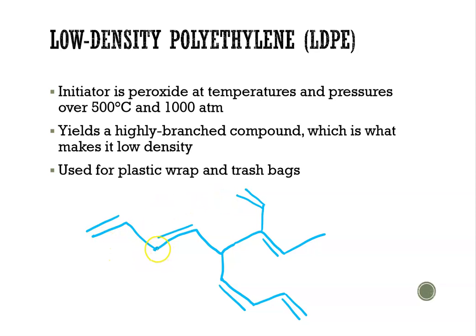Because it's creating such a branched chain, it's low density: the chain takes up so much space that the amount of mass per volume is very, very low. It takes up a lot of volume and not a lot of mass, and so it's considered low density. The low density stuff is what we use for plastic wrap and trash bags and things like that. Those are all low density polyethylene.